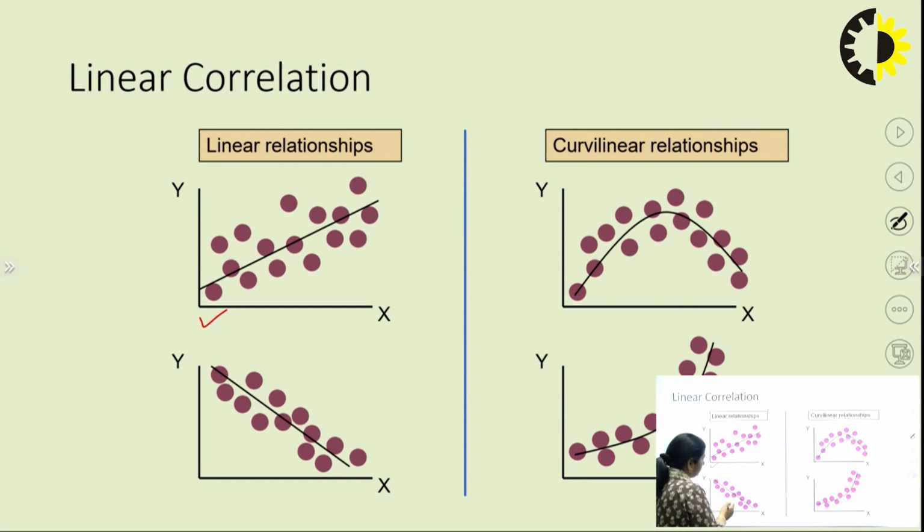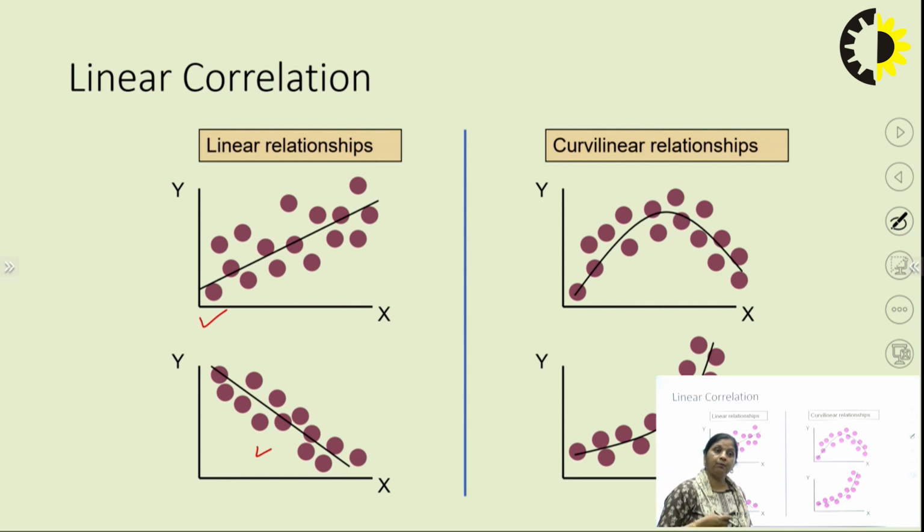In this diagram, we can see that as x increases, y decreases. So accordingly we will get the equation. But a linear equation doesn't fit well in these types of relationships. These are curvilinear relationships. So we are studying the linear relationships here with the help of regression.